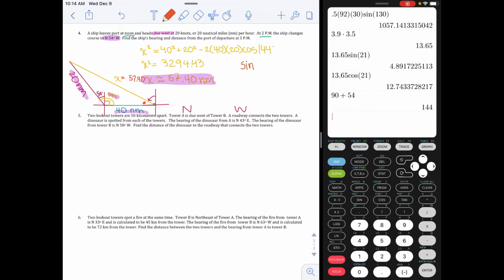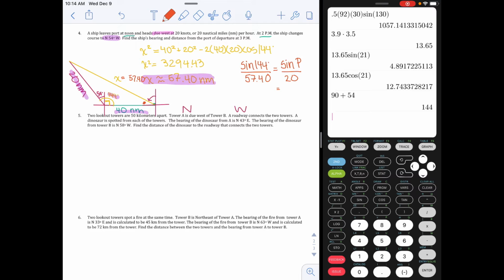We got sine of 144 over its side, which was 57.40, is equal to sine of whatever you want to put in there. Okay, you can do sine of P for port over its side, which was 20. All right, I need you to pause me at this point and see if you get the same answer, okay?